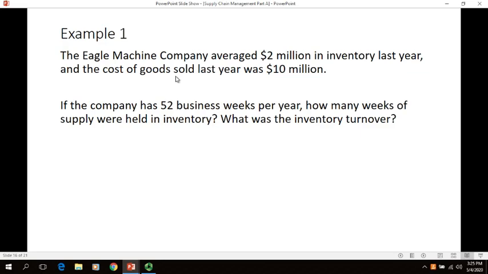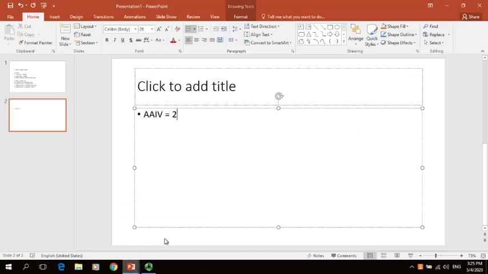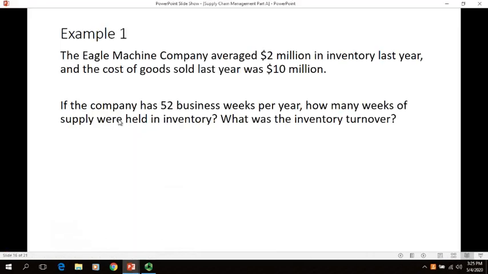And the cost of goods sold last year was $10 million. If the company has 52 business weeks per year, how many weeks of supply were held in inventory? And what was the inventory turnover?